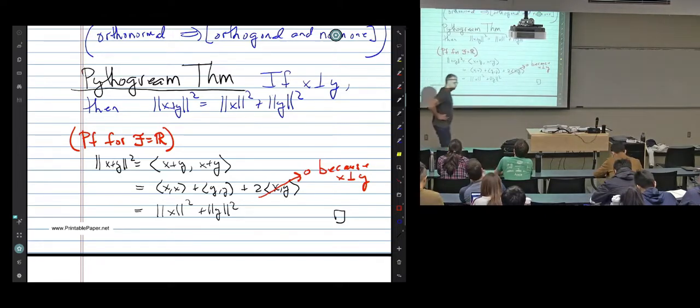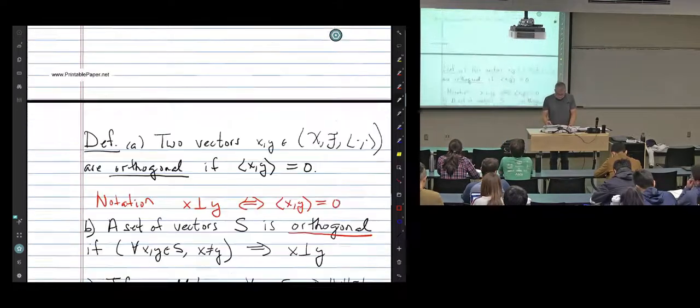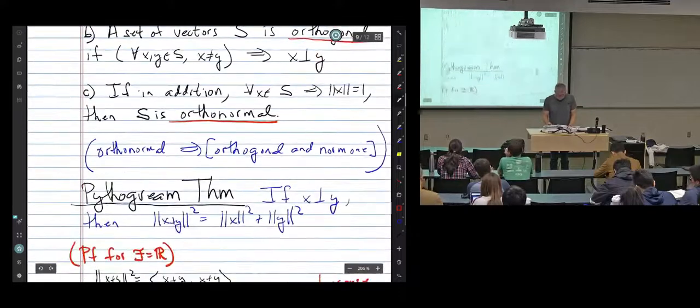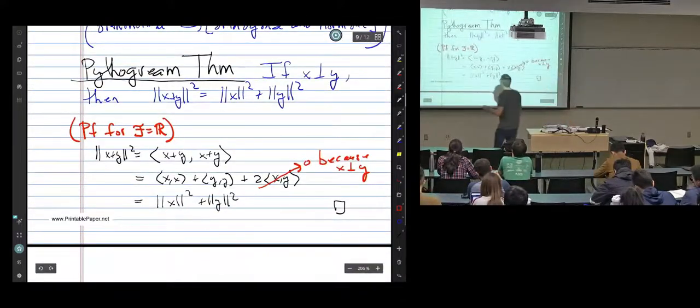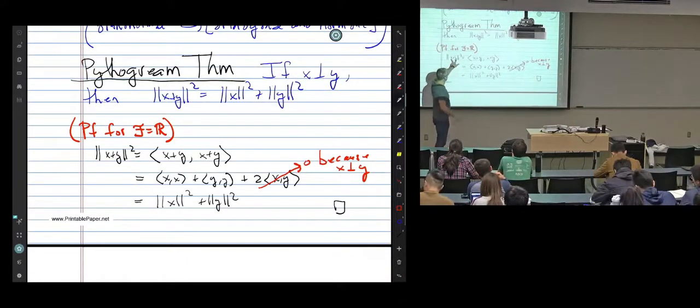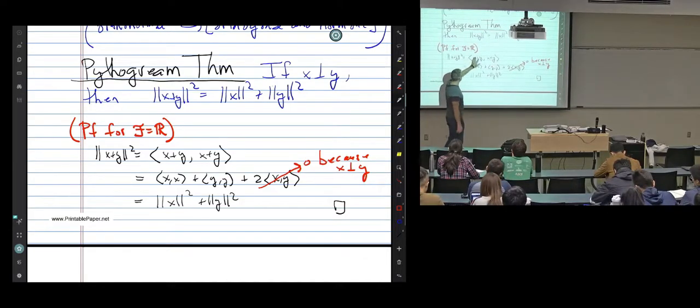Yeah, okay, so let me rephrase the question. When we're working in an inner product space and we write down this symbol, it always means the square of it is inner product, inner product. That's the definition. So as soon as we write down we're in an inner product space, that's the norm.